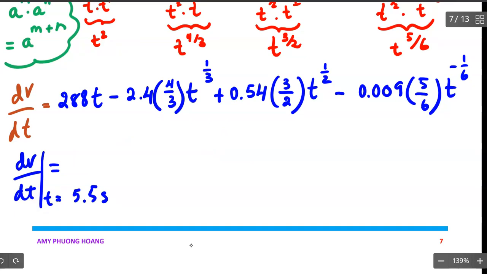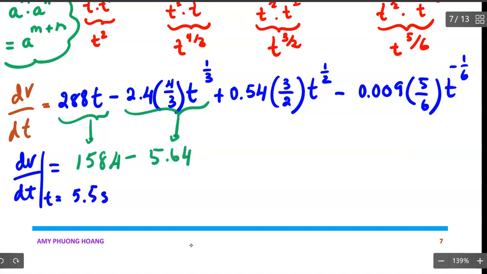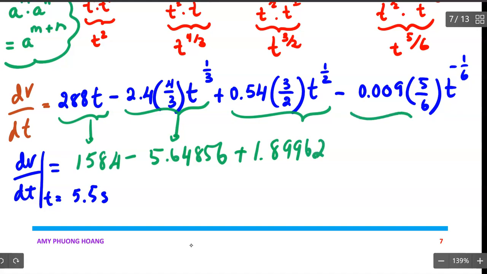I ask everyone to make sure that you get this number. With t equal to 5.5, I subtract this number here, and I should get 5.64856, and I add that with 1.89962, and I subtract 0.005645045.